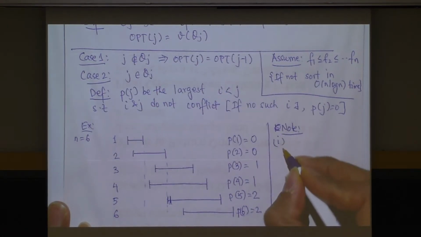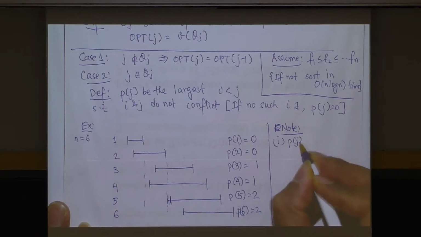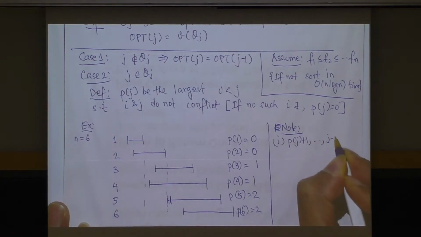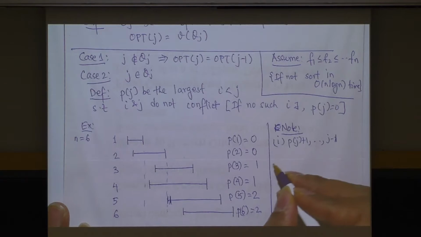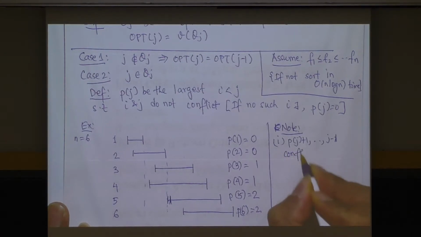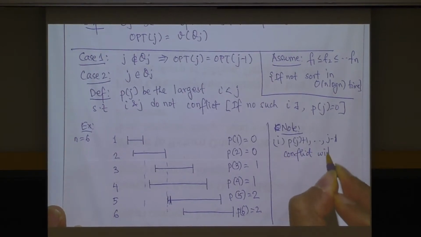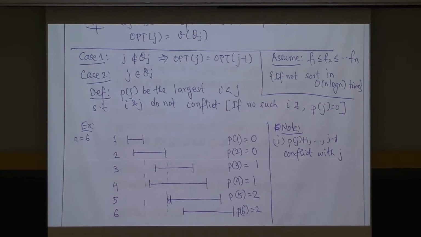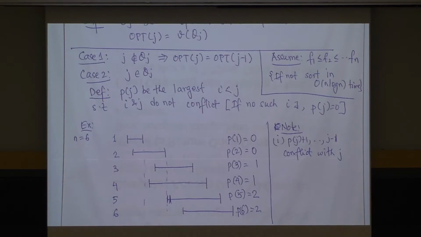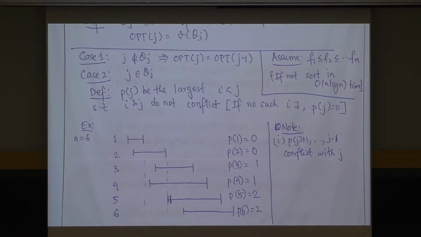So the first thing is P of j plus 1 all the way up to j minus 1 conflict with j. Right, so in the previous example, this was 3 and 4. So you figured out which are the ones that conflict with j.